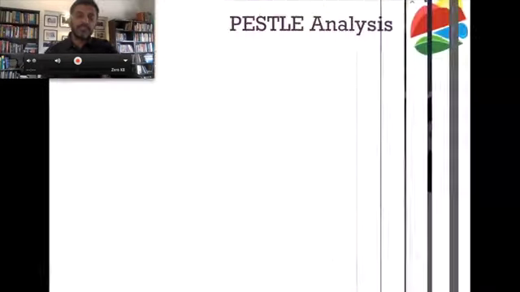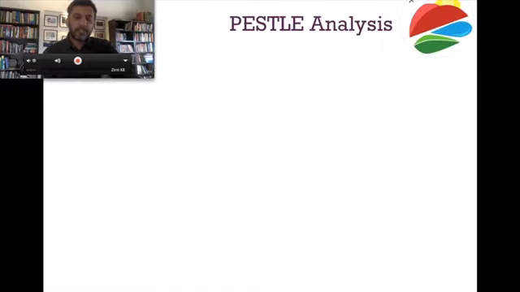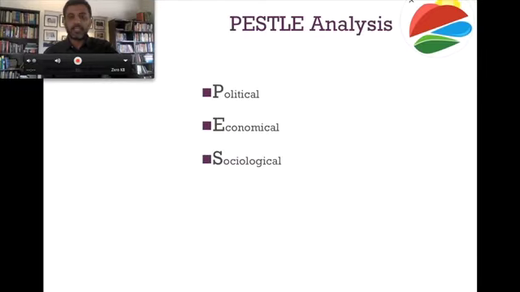So this analysis is called PESTLE analysis. PESTLE is basically an acronym: P is political, E is economical, S is sociological, T is technological, L is legal, and E is environmental.